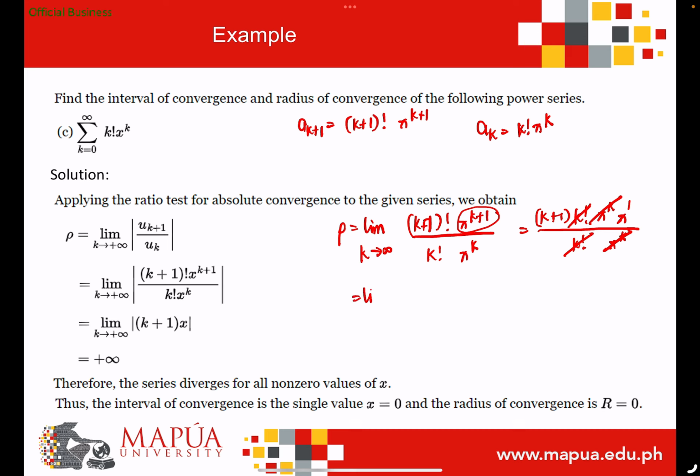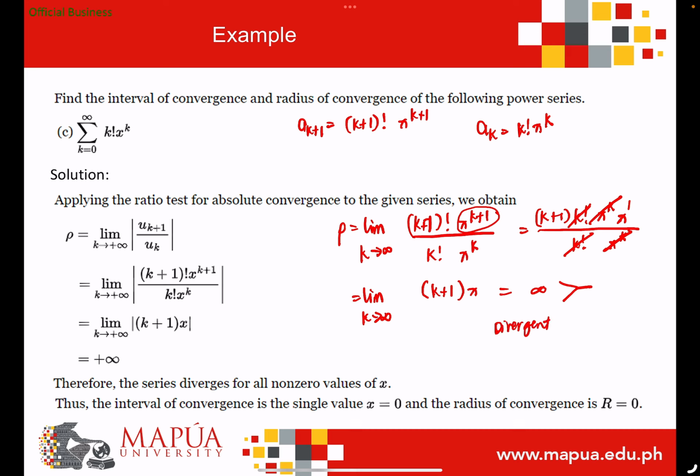So we now have the limit as k approaches infinity of k plus 1 times x. So as k approaches infinity, this would be infinity, which is greater than 1. So therefore, this is always divergent.